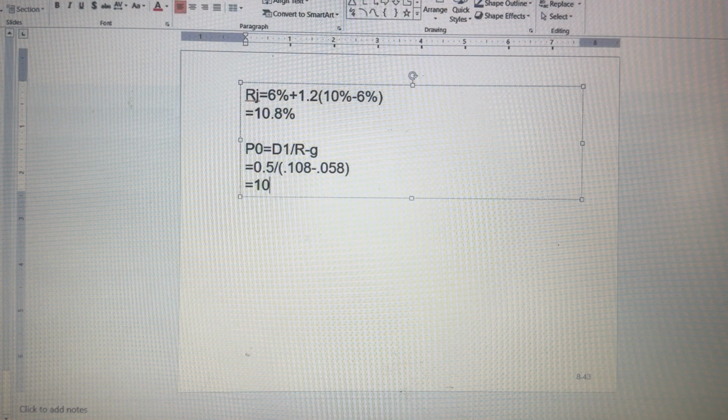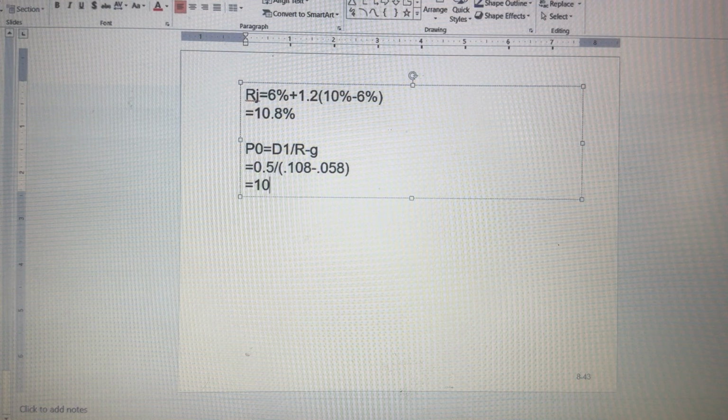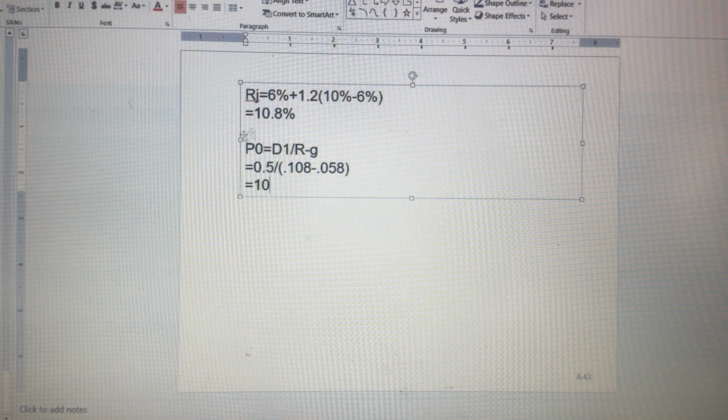So we predicted using our theoretical basis with the models: the CAPM model for the required rate of return and the constant growth model for predicting the share price. The worth is only 10 rupees.